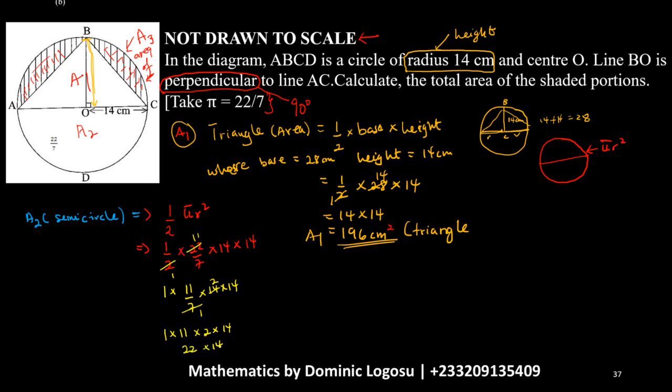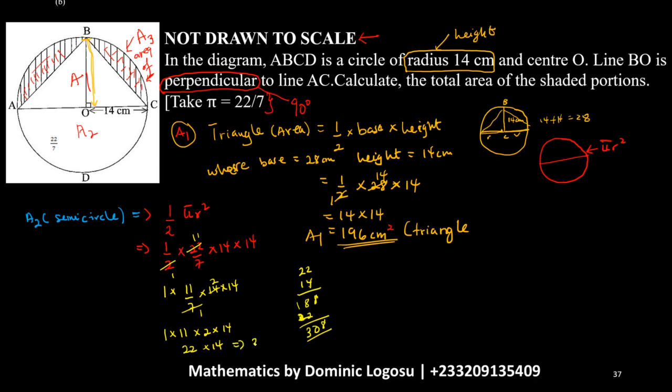22 times 14. 22 times 14 should give us, let's solve it, 2, 2, 14, 4 here, 8, 4 here, 8, 1, 2, 1, 2, okay, so we have 8, this will give us 0, so that's our area for the semicircle.